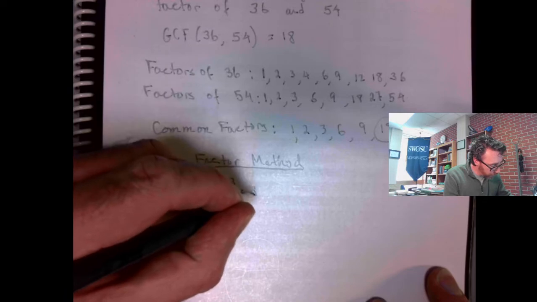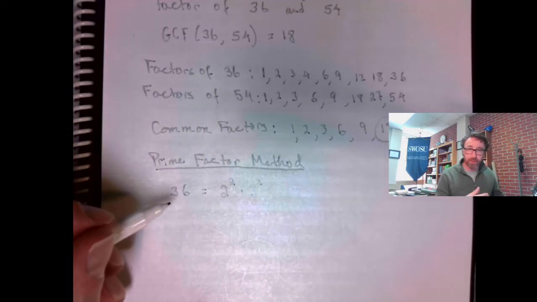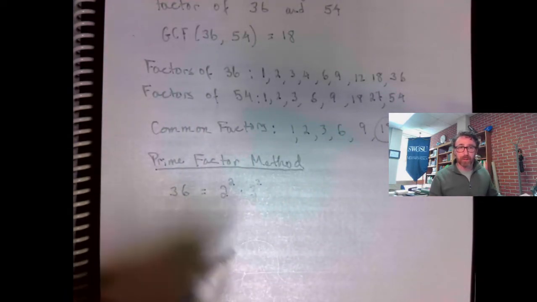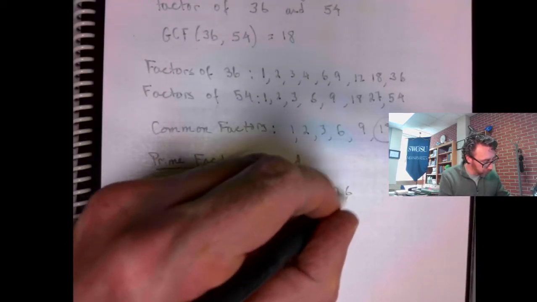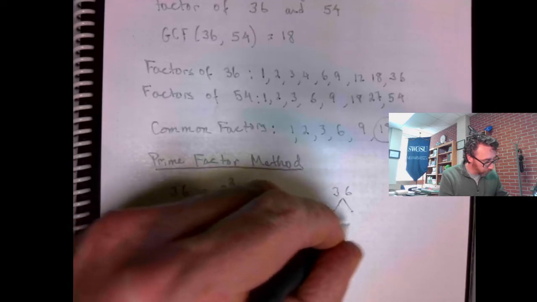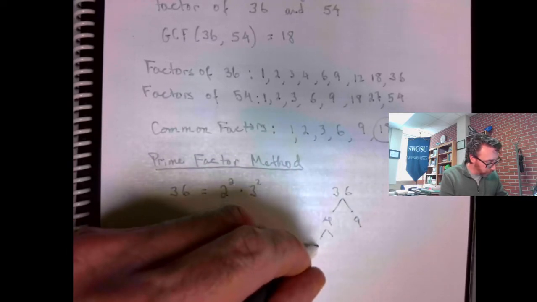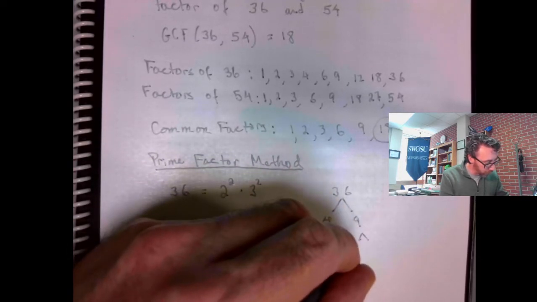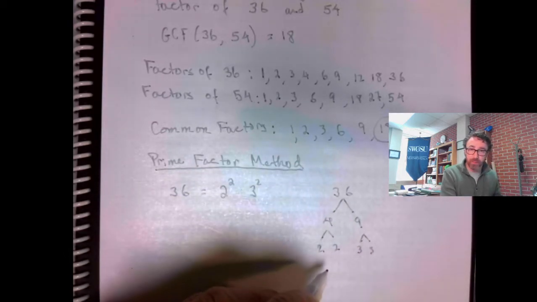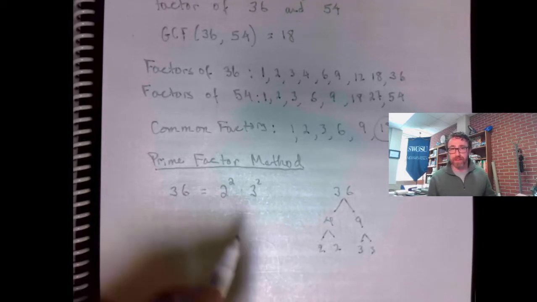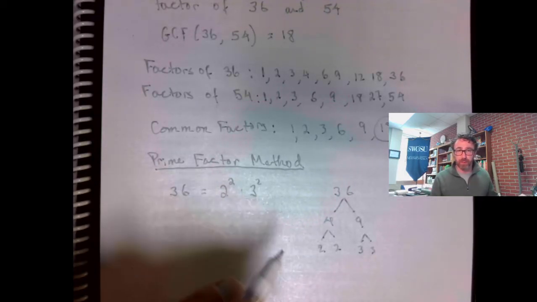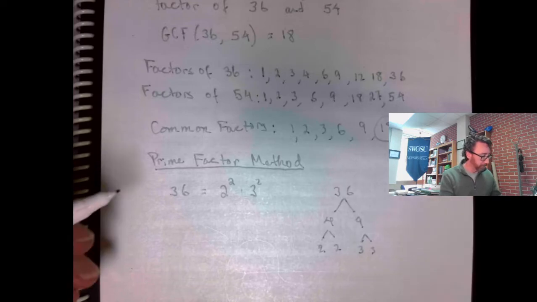If I were to factor 36, let's say using a factor tree, it's 4 times 9, and that's 2 times 2 times 3 times 3, and these are primes down here. So the prime factorization of 36 is 2 squared times 3 squared.